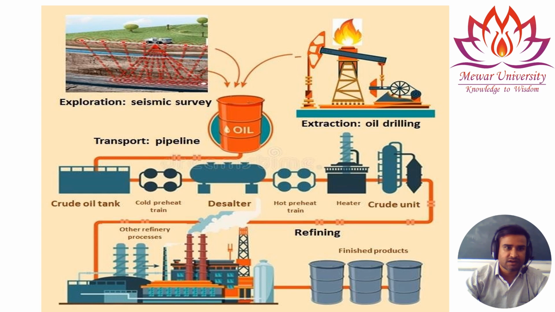After producing the oil from the well, it is transported to the crude tank. Then it is preheated and salt is removed. Then other impurities are removed with different chemical processing. Then it is sent to the refinery unit, and from that you get different refinery products.